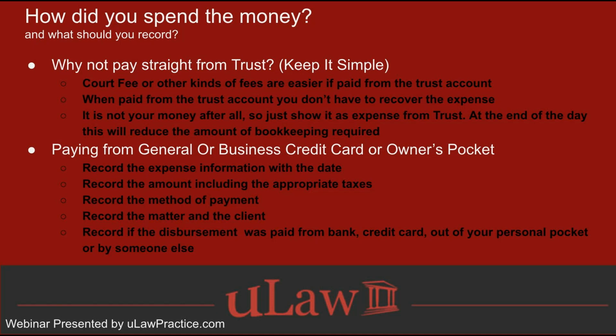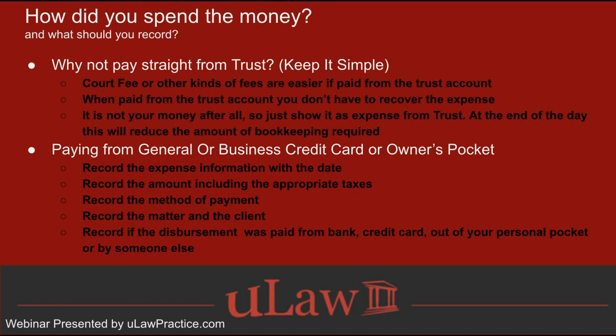Now, when paid from trust, another good point is you don't have to recover the expense because you're using your client's money after all to pay the disbursement, right? It's not your money. And at the end of the day, it will definitely reduce your bookkeeping requirement, because if you're doing it from general, like I already mentioned, look at the number of points you have to record appropriately.